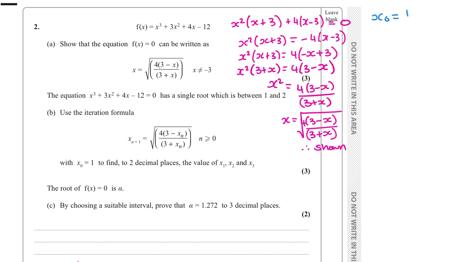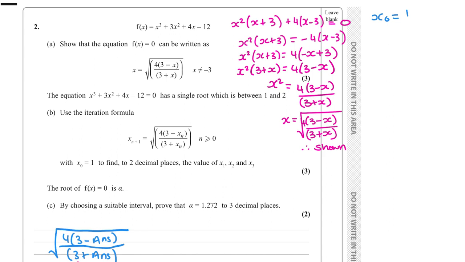1 equals. And then in my calculator, I'm going to write the square root of 4 bracket 3 minus ans over bracket 3 plus ans, because this will help me.